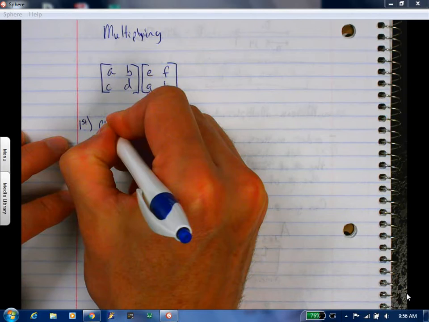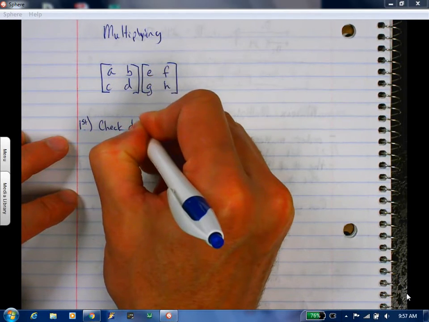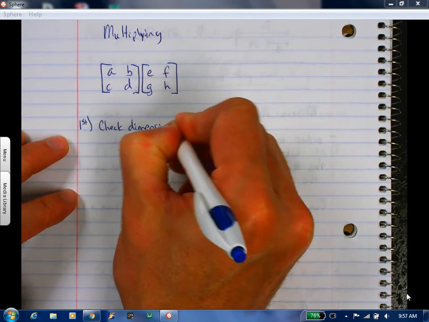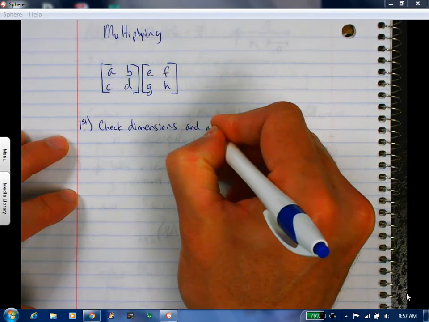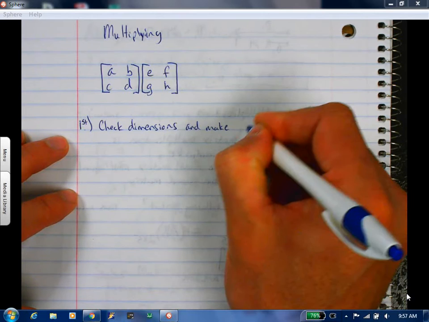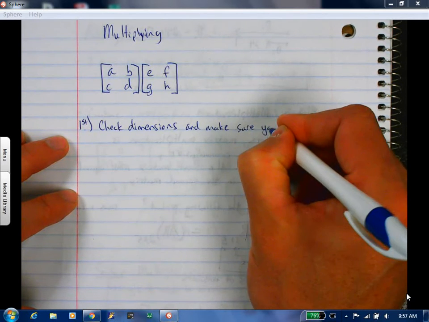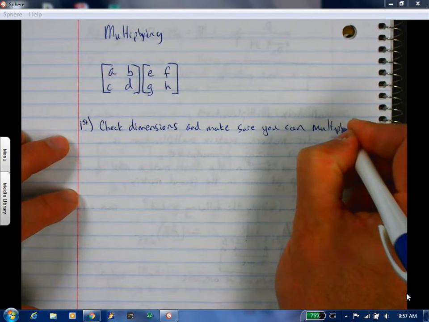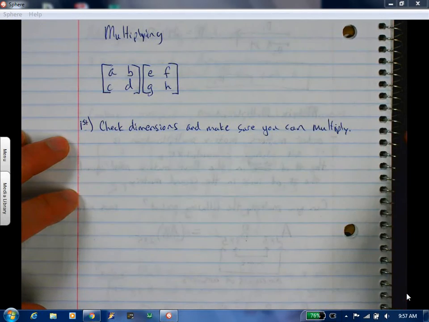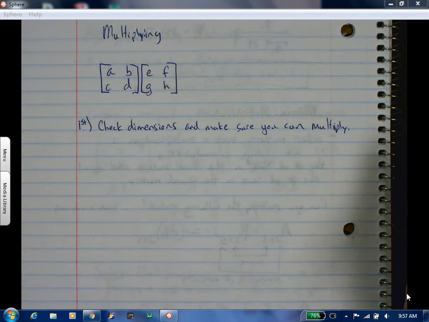Now the first thing you always want to do is check your dimensions and make sure you can multiply. So we're going to check our dimensions.